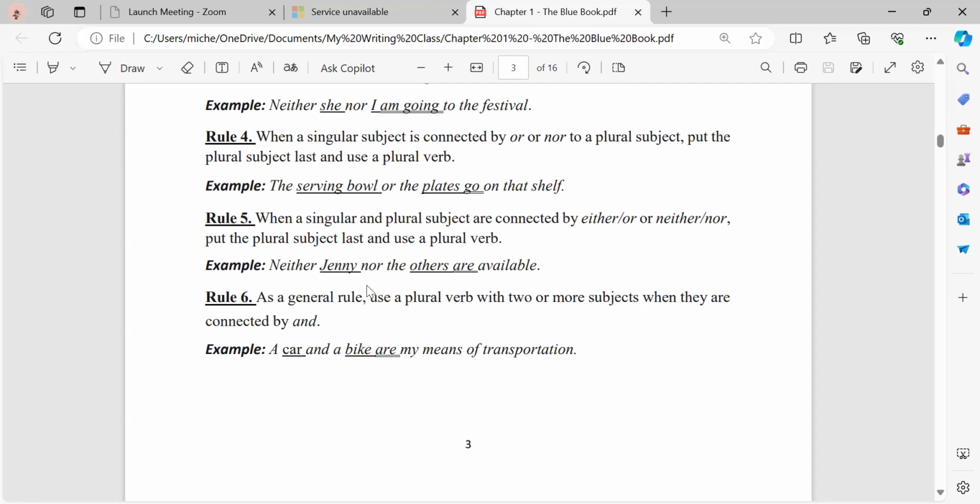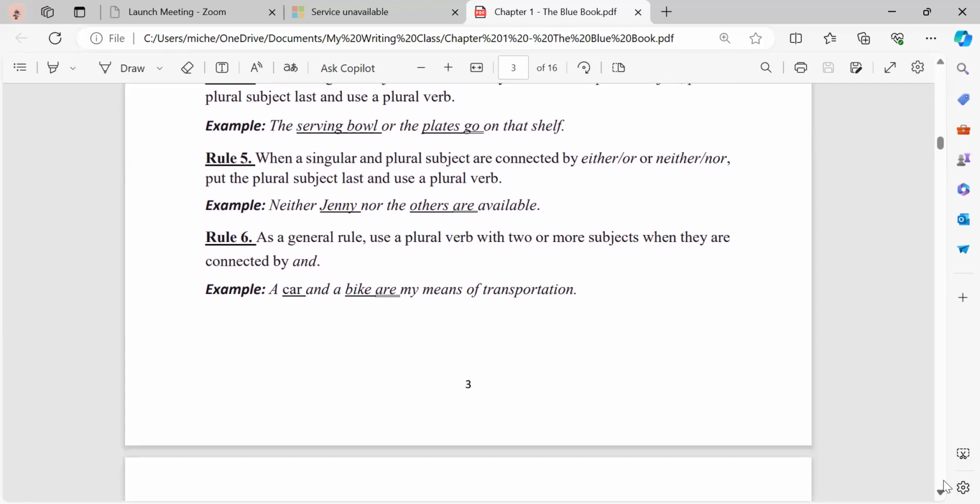Jenny is a singular subject and others is a plural subject. And we use are, which is a plural verb, not others is available, but others are available, because once again, we should put the plural subject at the back and then use a plural verb to complete the sentence.